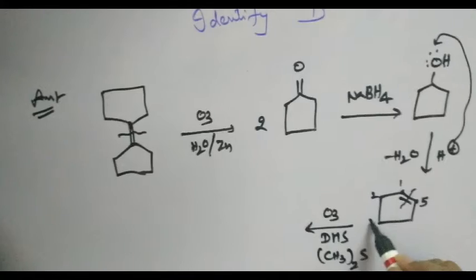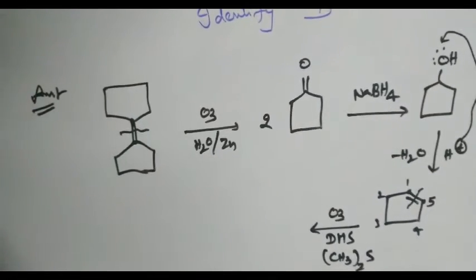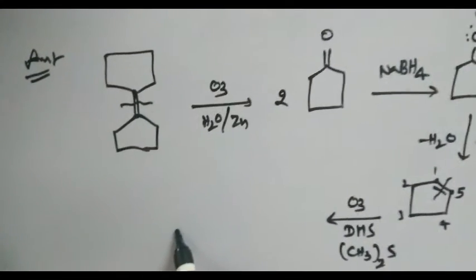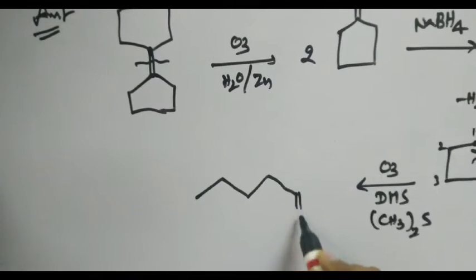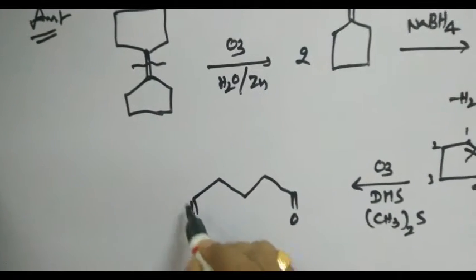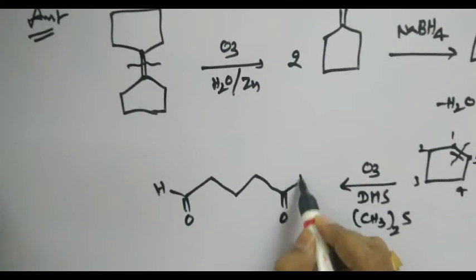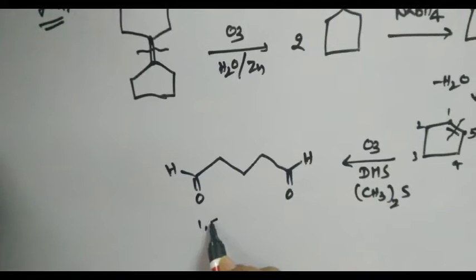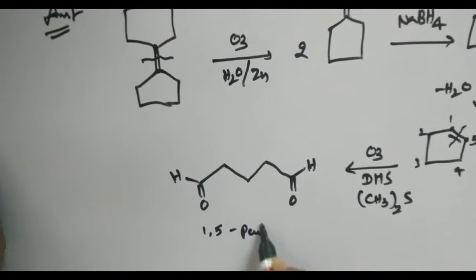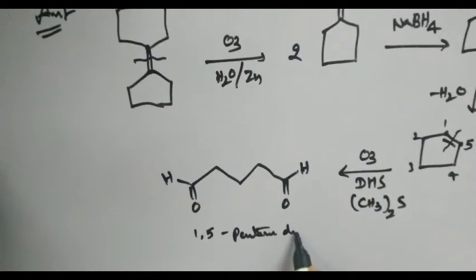So 1, 2, 3, 4, 5: we get a dialdehyde with 5 carbons, with hydrogen here and hydrogen here. This is the final compound obtained, the 1,5 pentane dial. That's it.